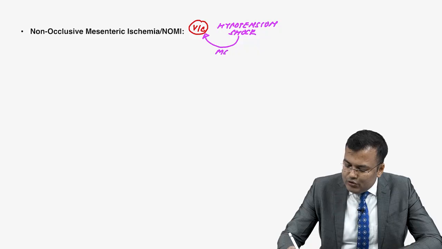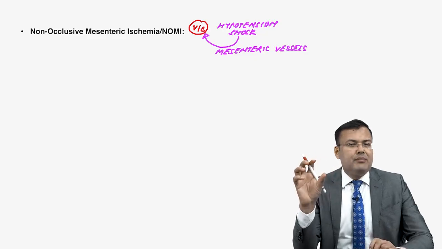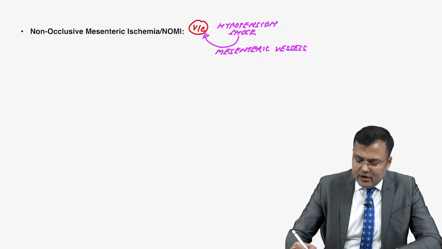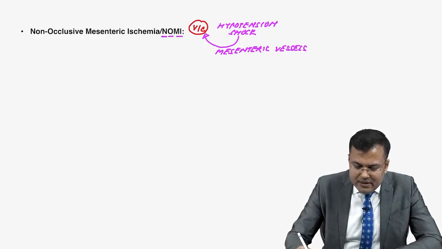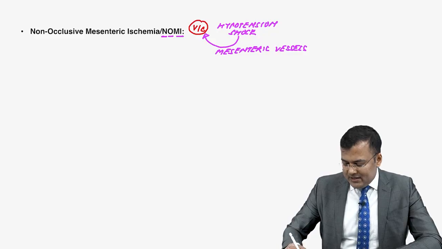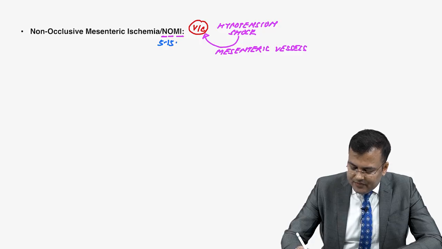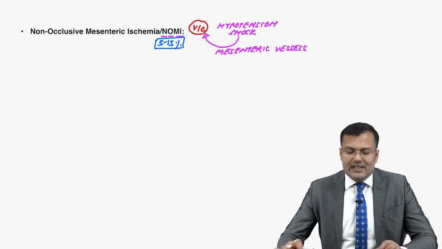If there is vasoconstriction in the superior mesenteric artery, what will happen? Obviously, because of spasm, the supply to the bowel is affected. So this is non-occlusive mesenteric ischemia, and it is responsible for 5 to 15% cases of acute mesenteric ischemia.